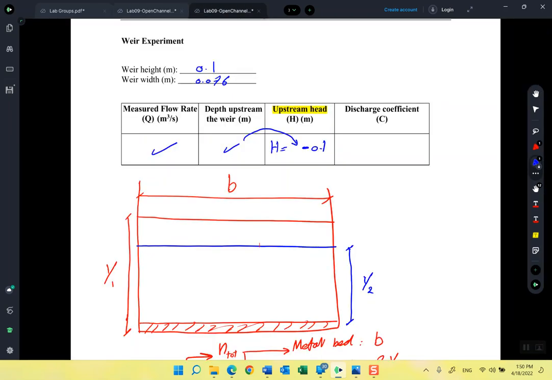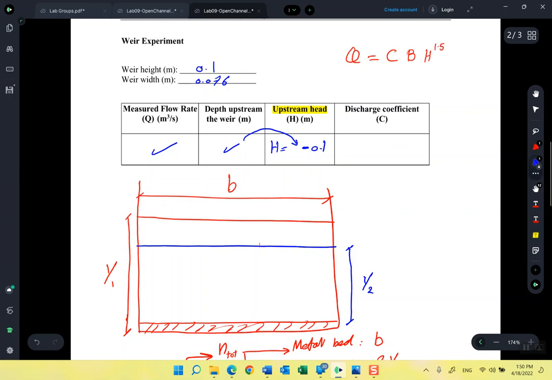Yes, then it asks you to get the discharge coefficient. So what is the discharge coefficient? Again, it's a coefficient that takes into account the difference between the measured and the calculated flow. So in this case, the real equation says that Q equals C B H, and in our case the power is 1.5.